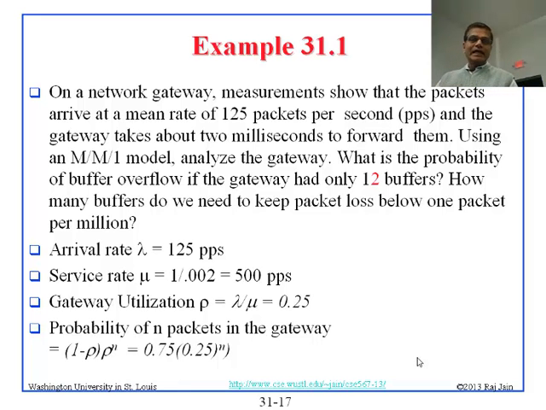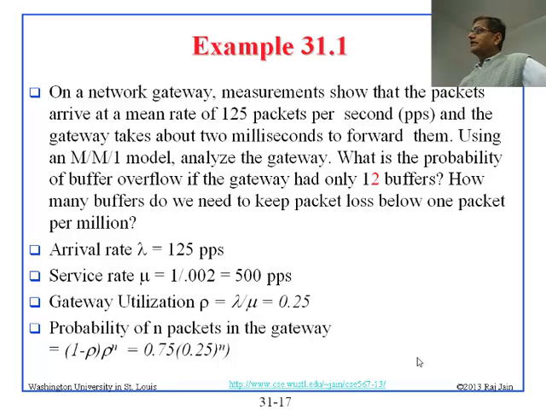Now you can do lots of useful stuff. So here's an example. On a network gateway, measurements show that the packets arrive at the mean rate of 125 packets per second, and the gateway takes about 2 milliseconds to forward them.